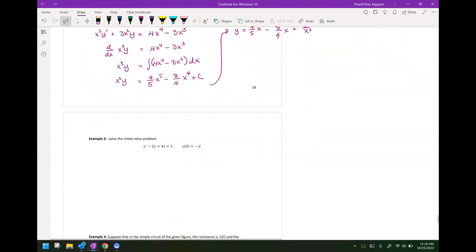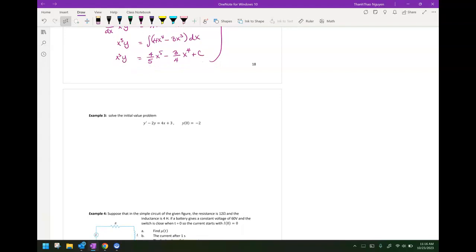Let's see what happens if we want to solve the initial value problem. We are given y prime minus 2y equals 4x plus 3, and y of 0 is negative 2. So first things first, we need to find the integrating factor.